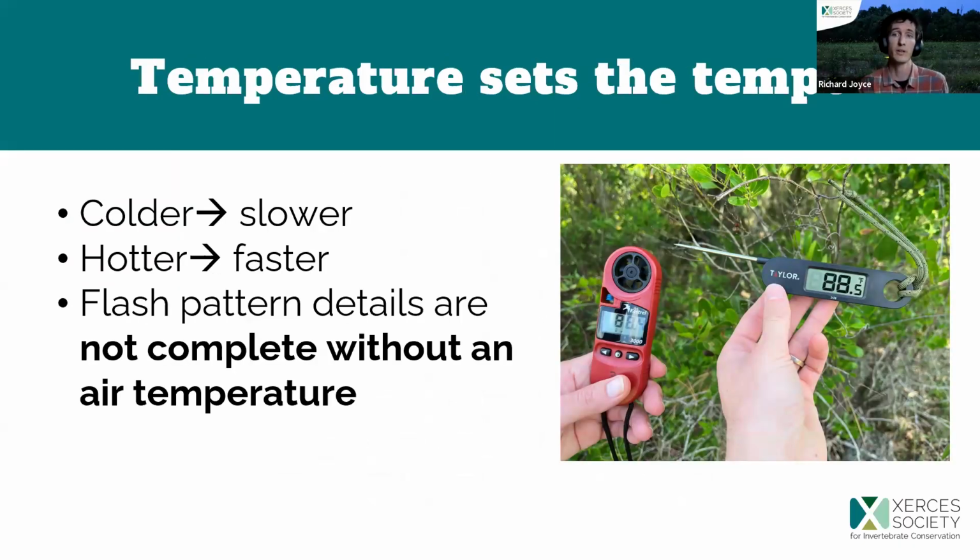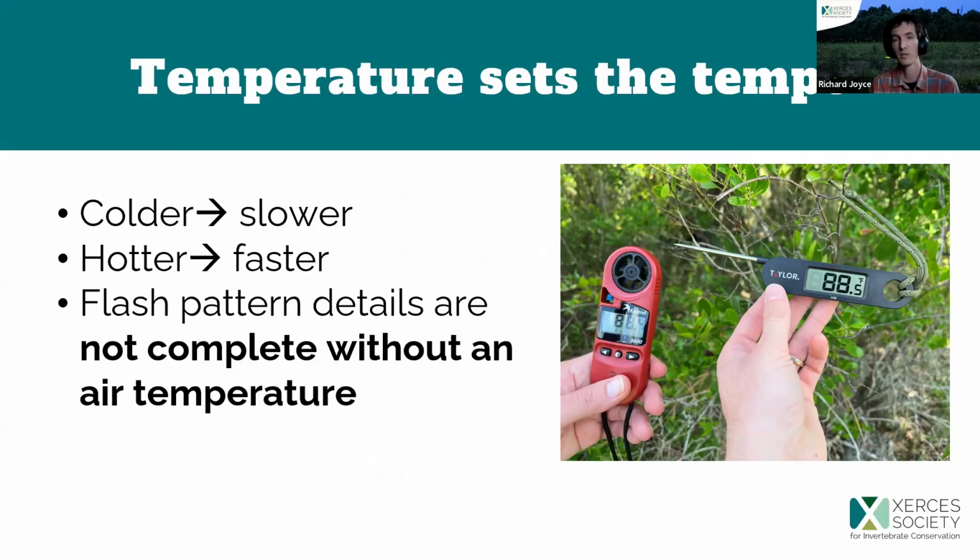Researchers also discovered pretty early on that the timing of flash patterns is not static. It depends on the air temperature. So when it's colder, there's more time between flash patterns, and then when it gets hotter, those get closer together. So the big takeaway here is that flash pattern details should always be accompanied by an air temperature.